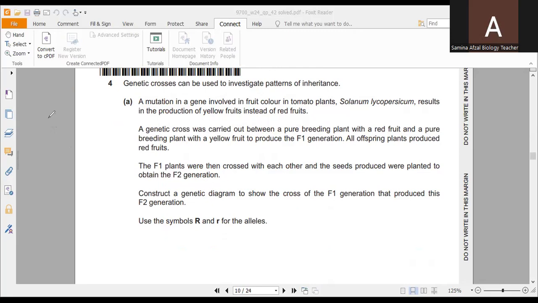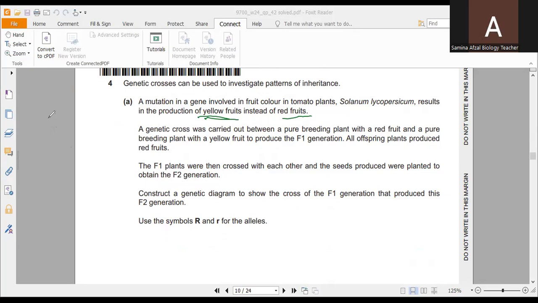Red fruit and yellow fruit. So due to mutation, yellow fruits will be produced. A genetic cross was carried out between a pure breeding plant with red fruit and a pure breeding plant with yellow fruit to produce the F1 generation. All offspring plants produced red fruits.